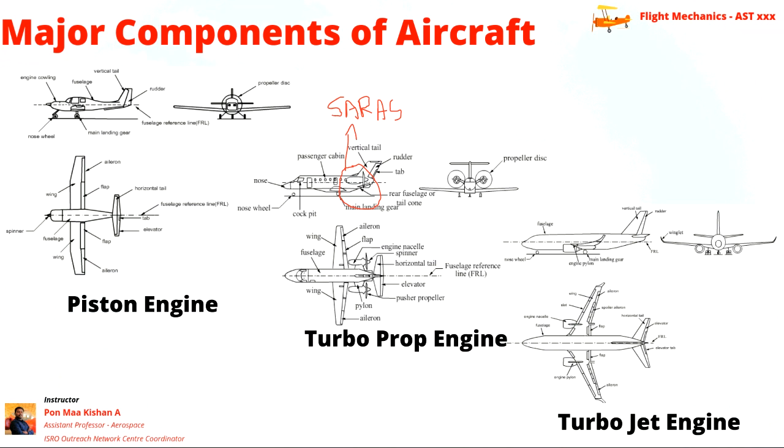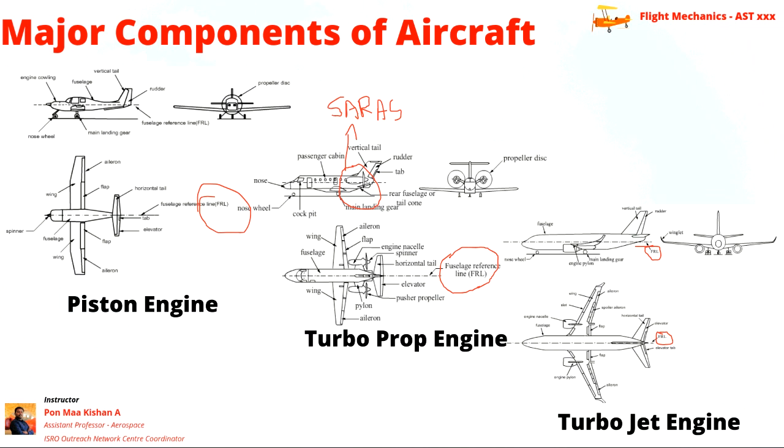One of the important things in this image, why I have included the images, is to understand the fuselage reference line. Every view will have a fuselage reference line. You can see the fuselage reference line in every image, whether from the top view or the left or right view.